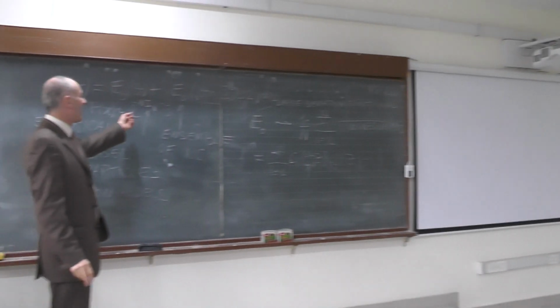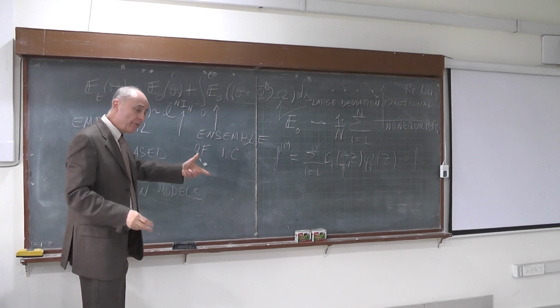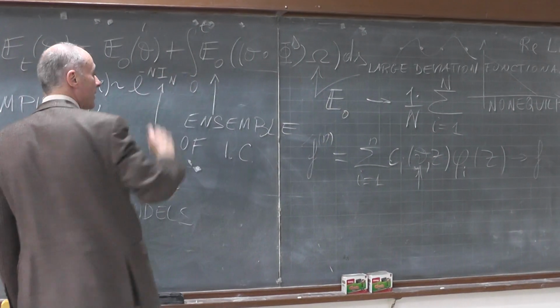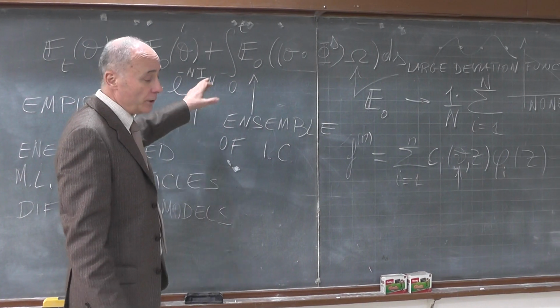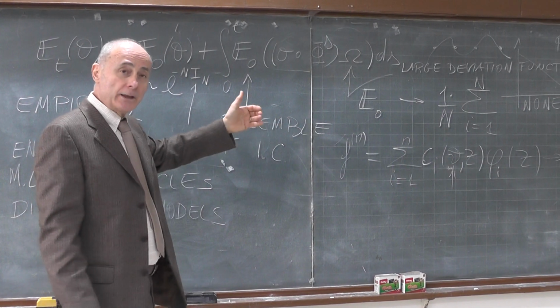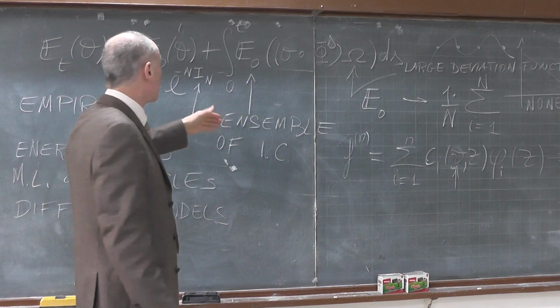And in the limit that n becomes infinitely large, this goes to this asymptotic function. Now, these are used in many things, for instance, to study the temperature fluctuations of the Earth.